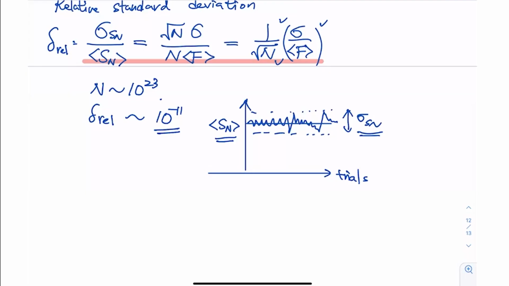So it means that this drawing is actually an exaggerated picture. What you can actually observe is almost no noise. It's just like a flat line, because the fluctuation is just so tiny.